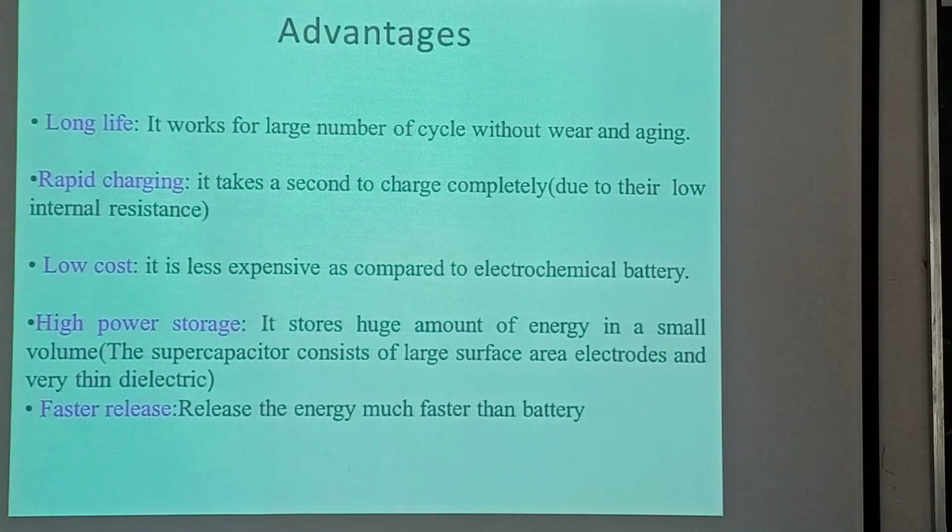Rapid charging means it can charge rapidly compared to the capacitor. It has low cost, and high power storage is also available in the supercapacitor. Faster release means it can release electric charge faster compared to the conventional capacitor or our batteries.